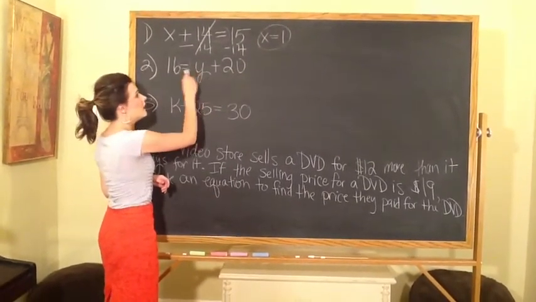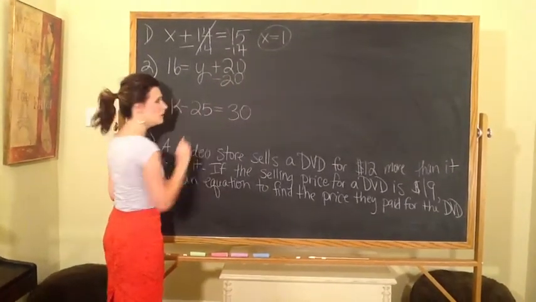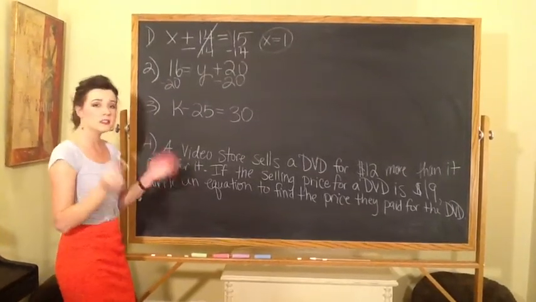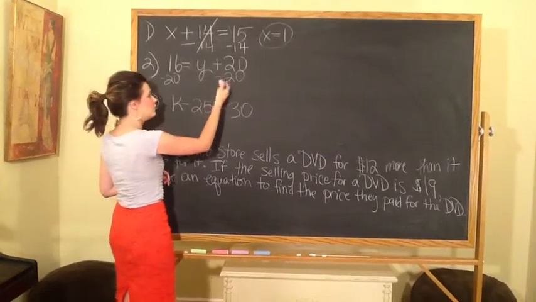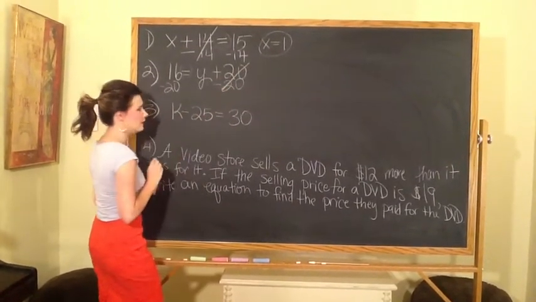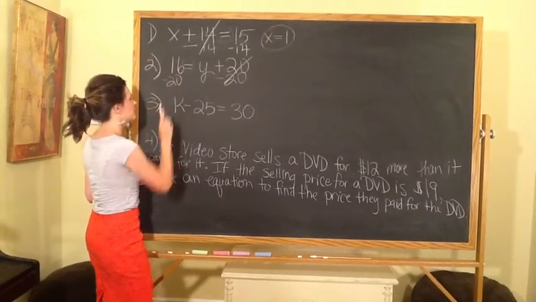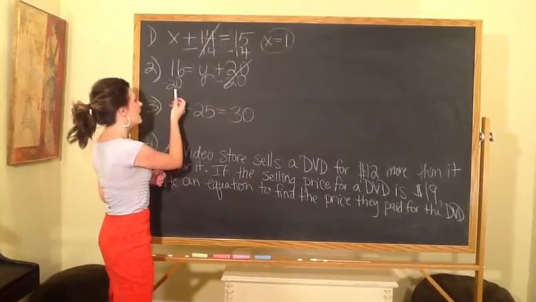If I want to get y by itself, I need to cancel out 20. So I'm going to subtract 20 over here and subtract 20 over here, and I'm still going to have two equivalent parts. If I subtract 20 from 20, I get 0. So it's kind of like it's gone now. And then we need to subtract 20 from 16, which is going to give us negative 4.